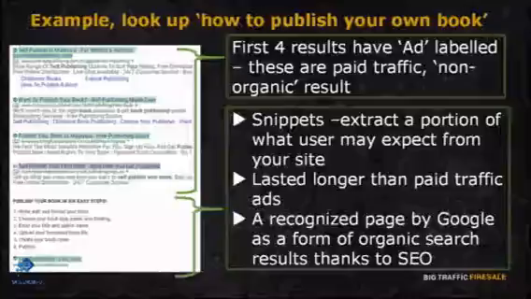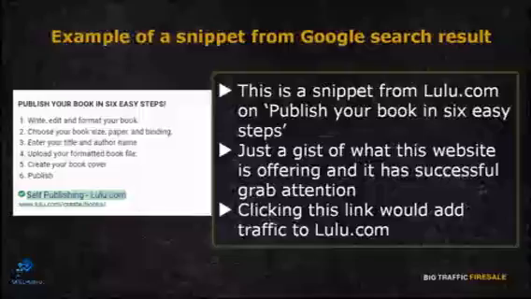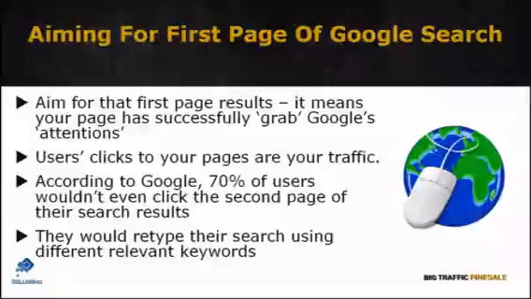A recognized page by Google as a form of organic search results, and it's all thanks to SEO. For example, this snippet from lulu.com on Publish Your Book in 6 Easy Steps. The information given is just a gist of what this website is offering, and it successfully grabs users' attention. Clicking this link would add traffic to lulu.com.